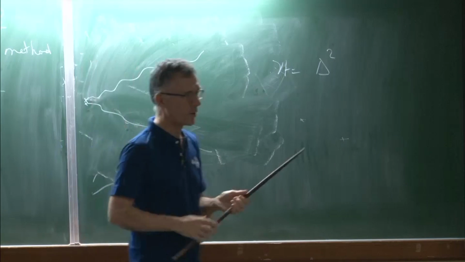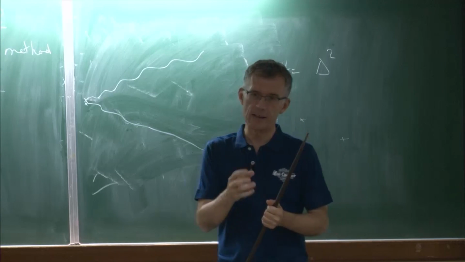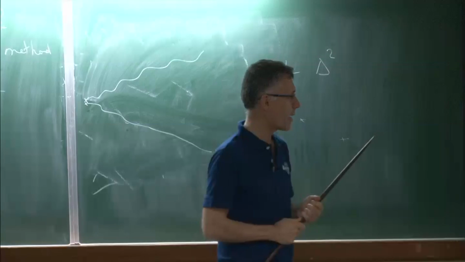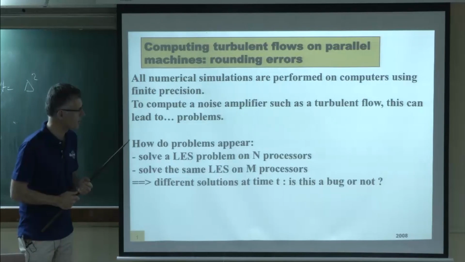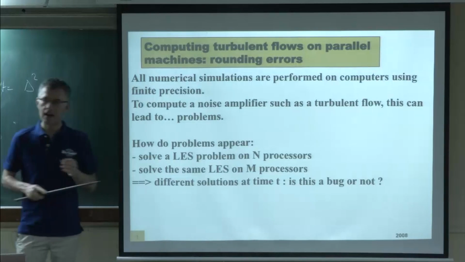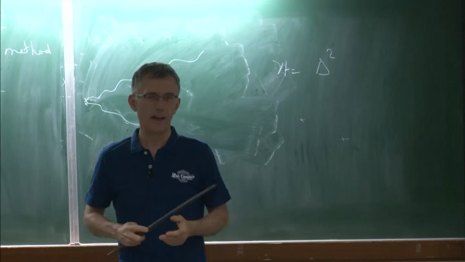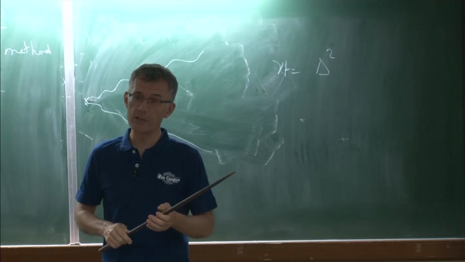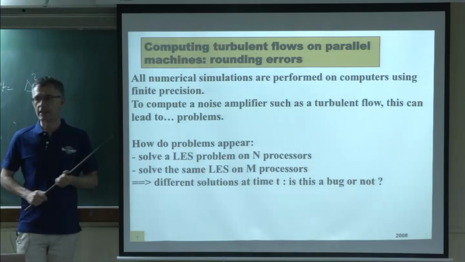And so if these things happen in the real world, and if you get a good code, they must happen in your code. But when they happen in your code, then you start having problems. One of the problems is that rounding errors are not reproducible by definition, because they are rounding errors. And if you do a parallel computation, this becomes an additional problem.